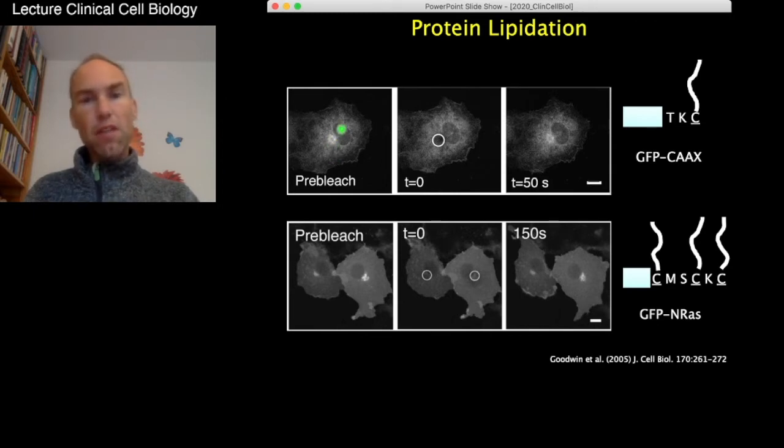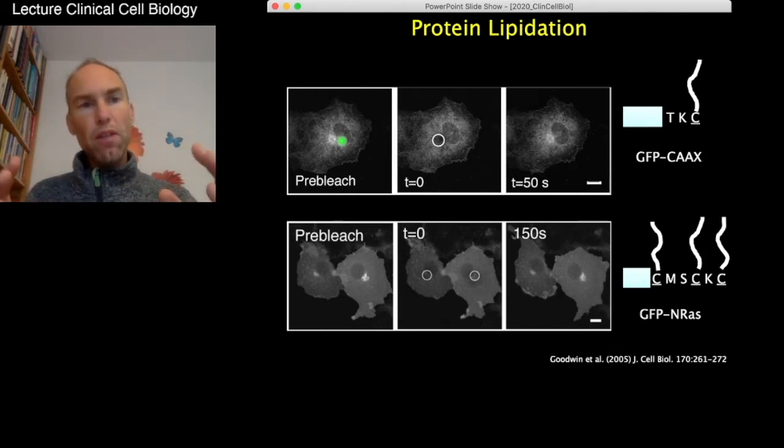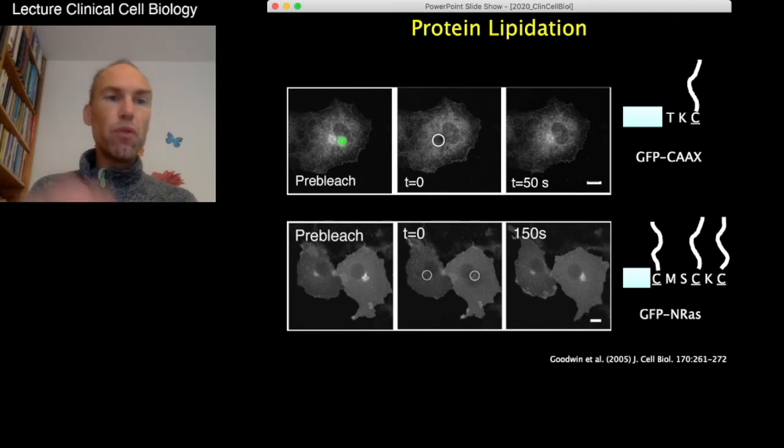And in this case, a FRAP experiment is done to look at the mobility of those proteins. So we bleach away a region, and then after a while we take another image, and you can see that within 100 seconds the image looks the same as the original image, which means that those proteins, while they have a lipid chain, can rapidly move between those membranes.